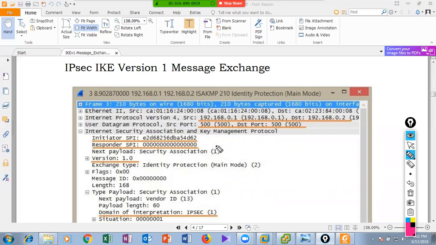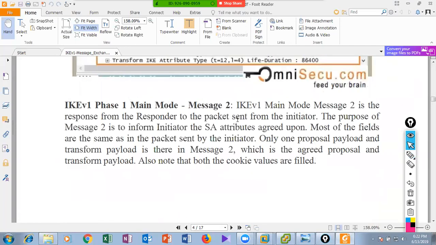Now, when you get the response in the second message exchange, you will see the agree packet. We also call it the agree packet, the reply from the responder, and these fields should be filled with values. Now let's see the second message exchange. The IKEv1 main mode second message is the response from the responder to the packet sent from the initiator.